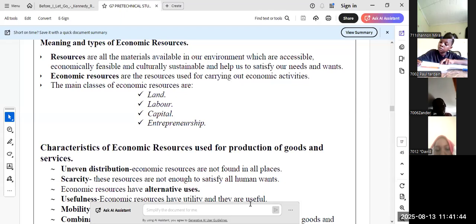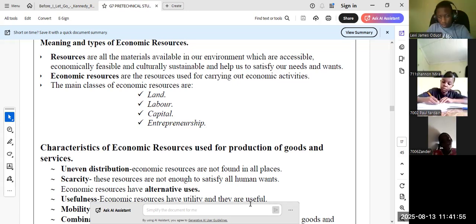Good. We are saying that economic resources are unevenly distributed. This, boys and girls, simply means that they are not found in all the places. You can find land in one place and miss the same land in another place. You can find labor in one place and miss the same labor in another place.